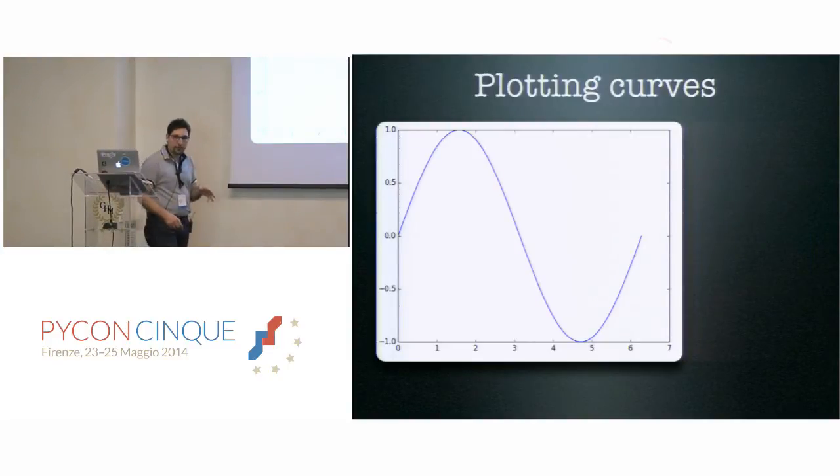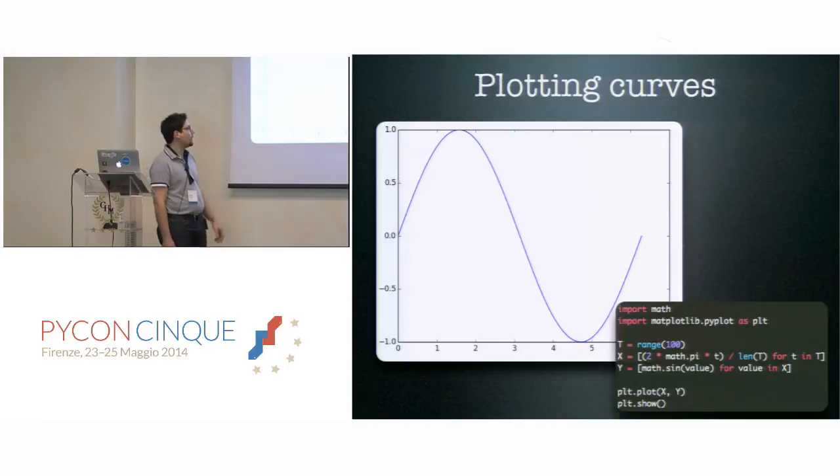Okay, the very first and simple example is plotting a curve. Plotting a curve is really straightforward. We implement this in a few lines of Python, and in this case, this is pure Python. You can notice that there is no import of NumPy. So we create the sine function, and we plot the values of the sine function for every value of x.